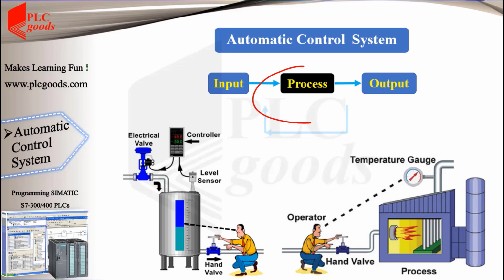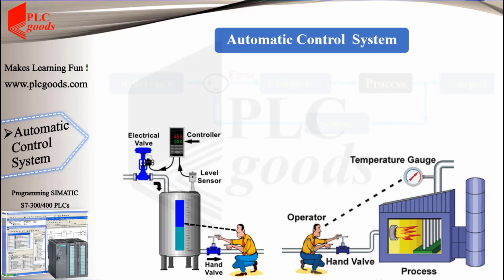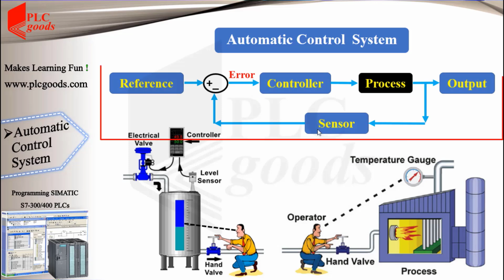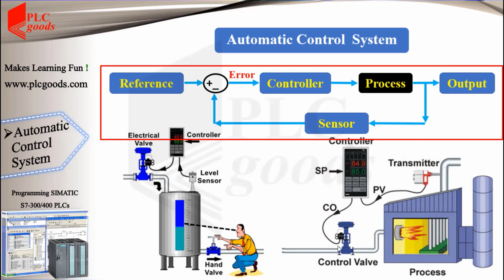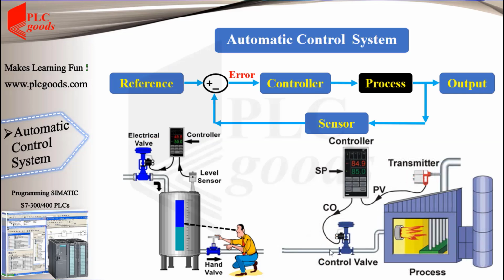According to the automatic control system diagram, the control system uses a feedback signal to compare the output with our desired value. This diagram is called a closed loop control system, and this is its diagram with more details. Closed loop systems can automatically correct the errors occurring in the output by using their feedback loop sensor.